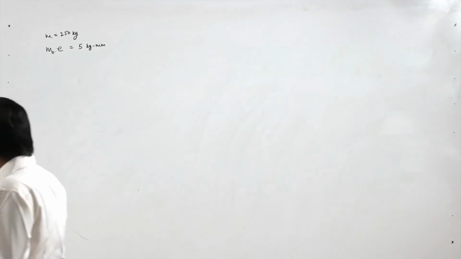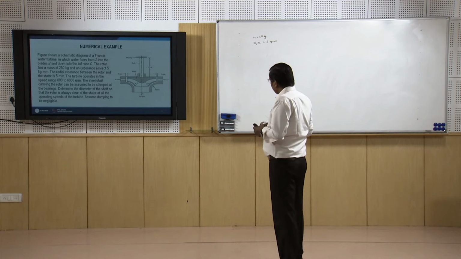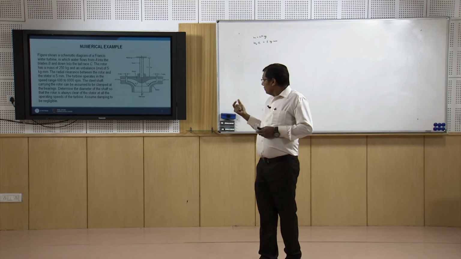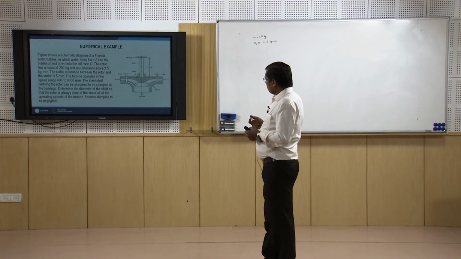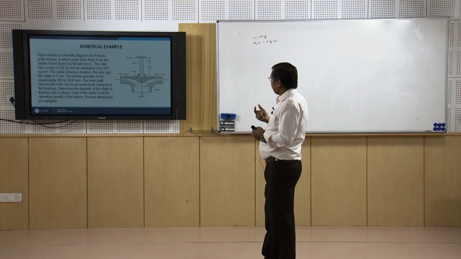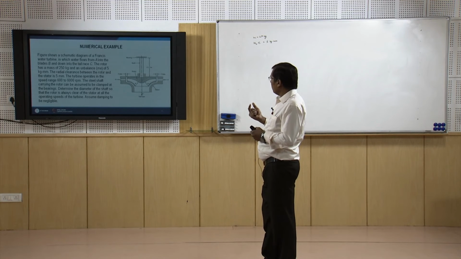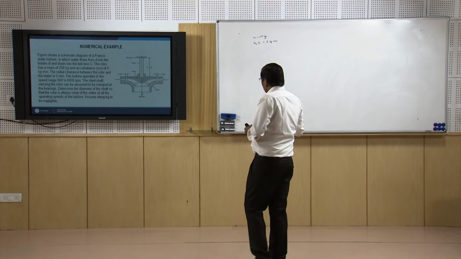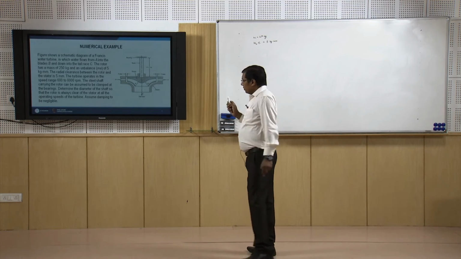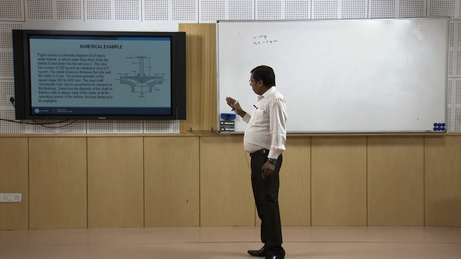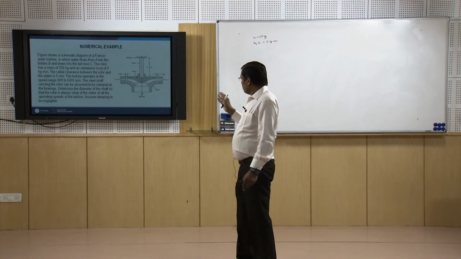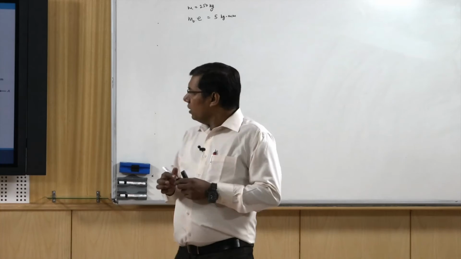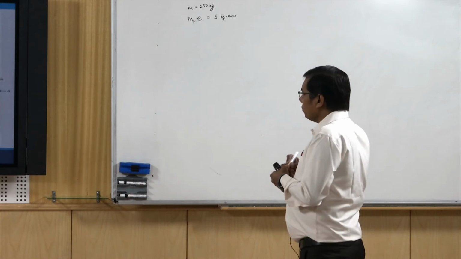The radial clearance between the rotor and the stator is 5 mm. So there is a 5 mm gap between the rotor and the stator. One thing we should understand is that there is some unbalance in this rotor system, so due to this unbalance the system will vibrate.